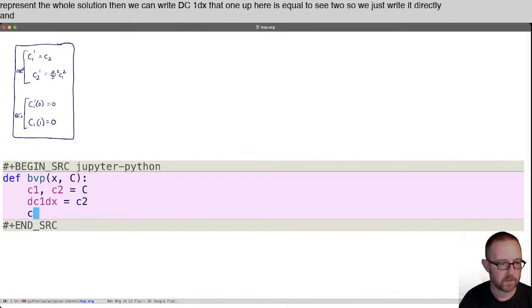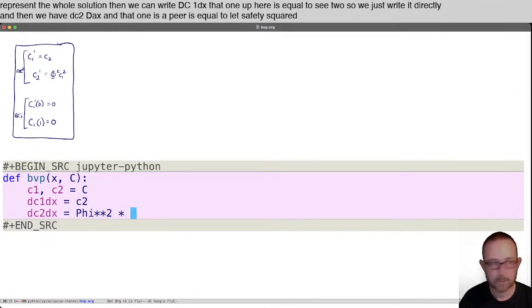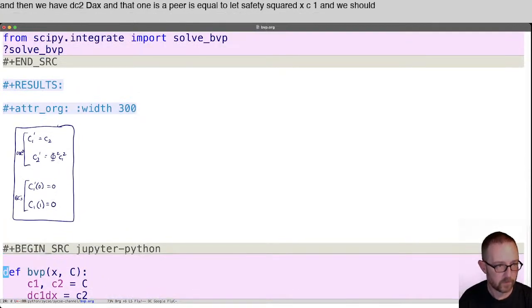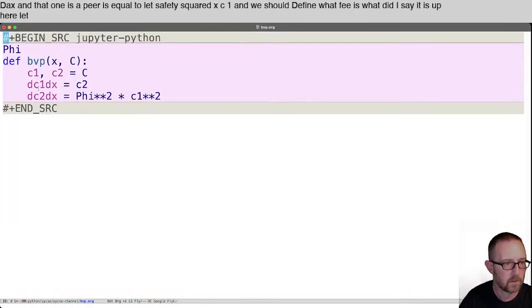And then we have dC2 dx, and that one up here is equal to, let's say, phi squared times C1 squared. And we should define what phi is. What did I say it is up here? Let phi equal 10. So phi is equal to 10.